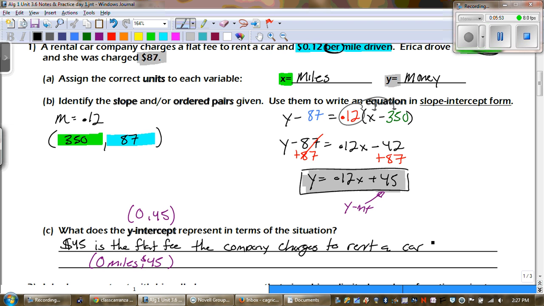No matter what, if you're going to rent a car, you have to pay $45. But if you're going to rent it, you're going to have to drive it, right? That's the whole point of renting a car. So that's why they charge you 12 cents per mile.